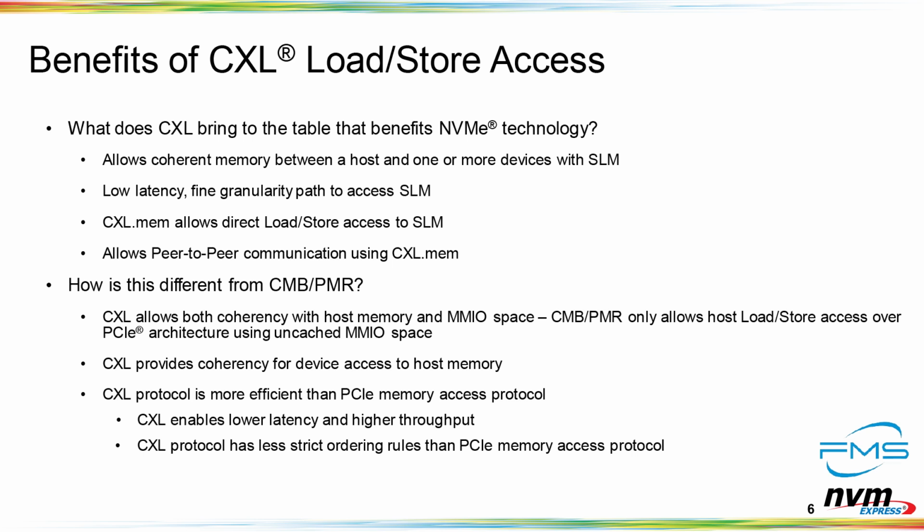That's one big thing. With that coherency, we can have coherency with the host, and with other devices, that would not be there with CMB and PMR. And the CXL protocol is more efficient than the PCIe memory access protocol. So we can have lower latency and higher throughput, and CXL also has less strict ordering rules than PCIe.